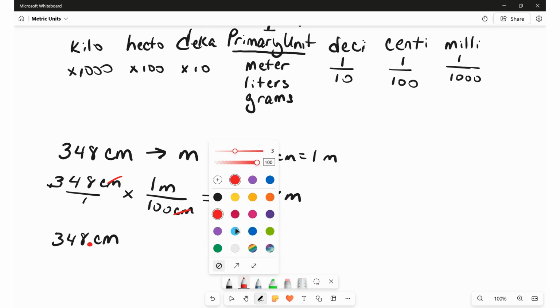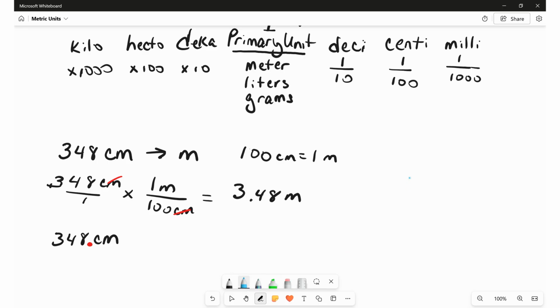So see how centi, we've got 2 zeros. We're going to take that and move it 2 places. And that's going to give us 3.48 meters. So we want to move the decimal in the direction to get to the unit we're trying to get to.